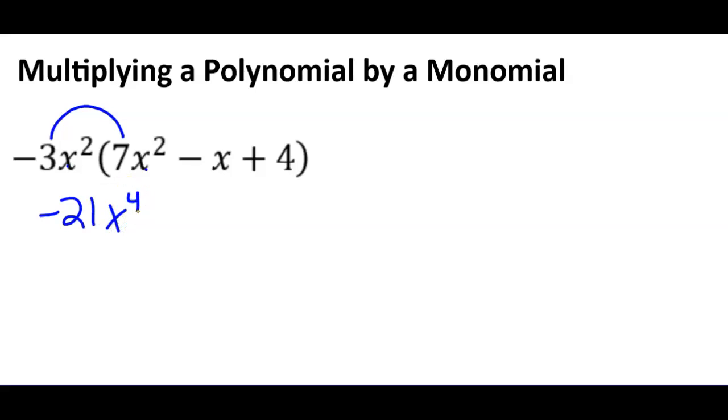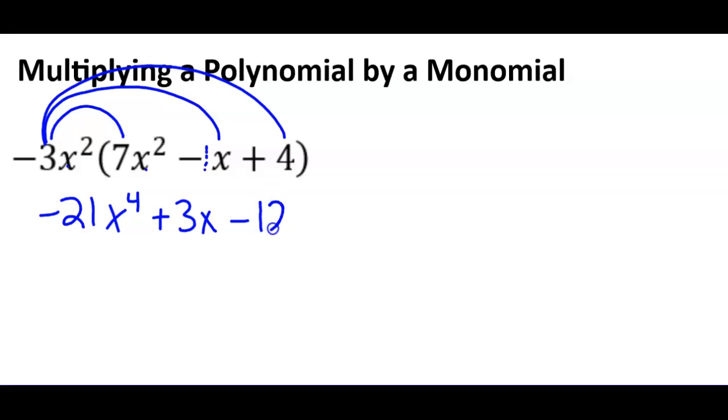Next, I'm going to multiply my negative 3 by my, what number's in front of that x? Oh yeah, a negative 1. Negative 1x. So negative 3 times negative 1 gives me positive 3x. And then I'm going to multiply my negative 3 times my 4 and get negative 12x squared. Oops, I forgot to do my x's.